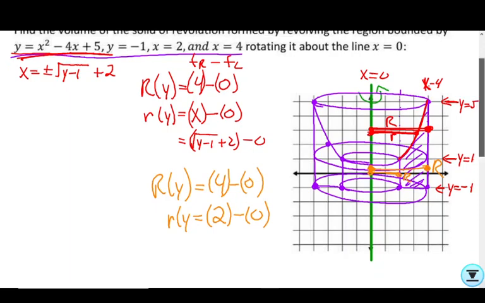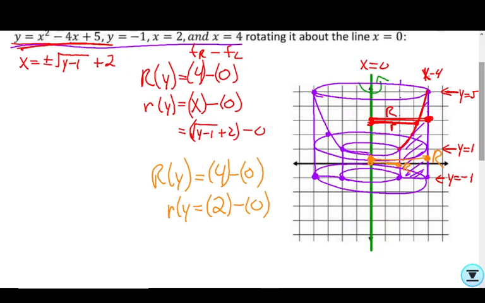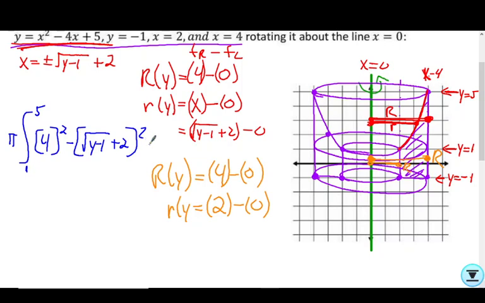So the top part, the integral, when we finally set it up, is going to be the integral from 1 to 5 of 4 squared minus the square root of y minus 1 plus 2, squared, dy.